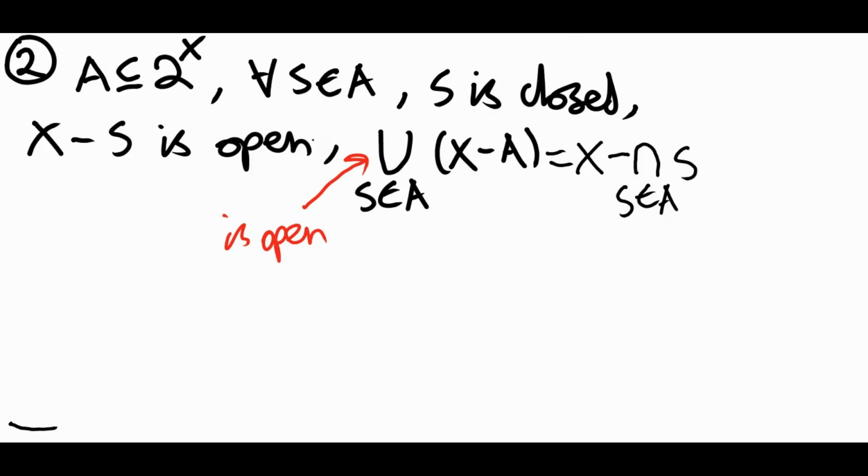So we have that X take away the intersection of all members of A is an open set.